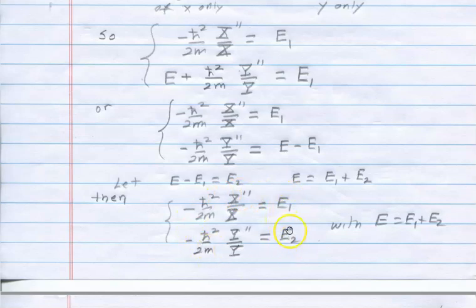The E1 and E2 are really the contribution to the kinetic energy due to the x motion, and E2 is the contribution to the kinetic energy in the y motion.